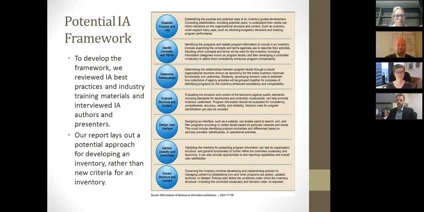And so this report lays out one potential way to organize information that we think can be useful to developing the inventory. And so something that information architecture really emphasizes that we believe is critical to having this effort be successful is establishing that use and purpose right up front.